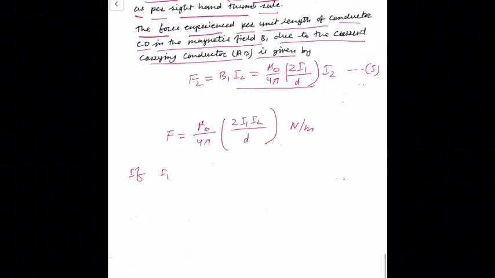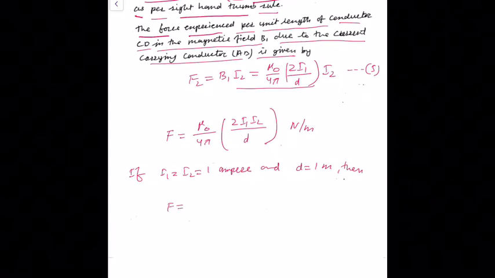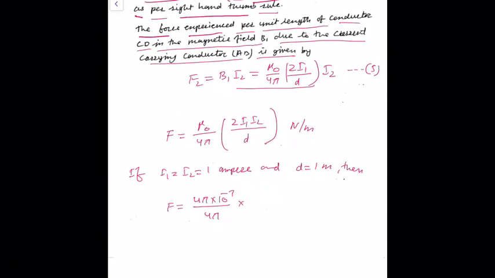If I1 is equal to I2 is equal to 1 ampere and D is equal to 1 meter, then put the value of mu naught, 4 pi into 10 to the power minus 7 upon 4 pi into 2 into 1 into 1 upon 1.